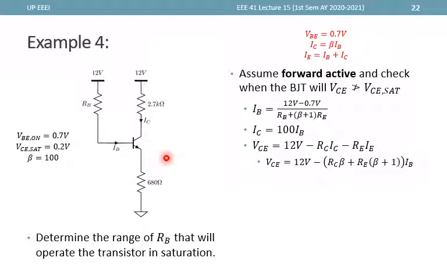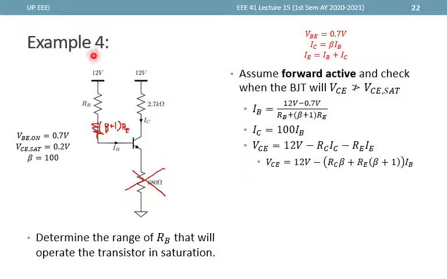We can actually get this same equation if this RE was not here and was there instead, but beta plus 1 times larger. And that is also one of the reasons why we call this device a transistor, since it is able to transfer the resistance in effect.